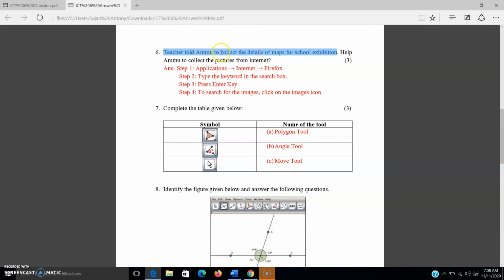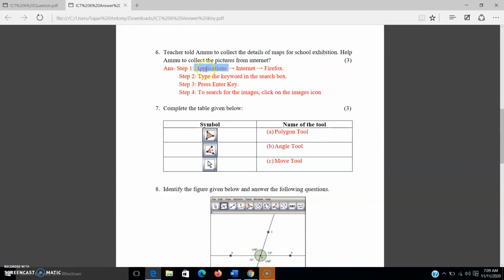So what you have to do? Help Ammu to collect the pictures from internet. So you all know how to collect the pictures from internet. I have given you in the notes. So how to collect pictures from the internet?